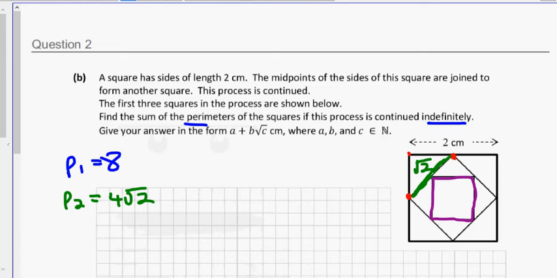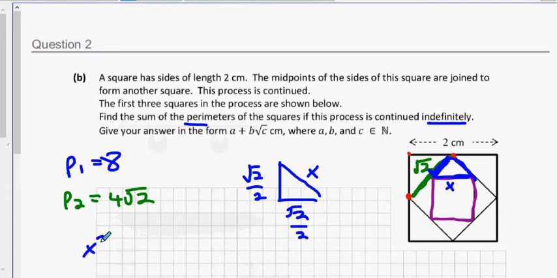So if we take this blue part here, this triangle here, we get root 2 over 2, root 2 over 2 equals x. Okay, so that'd be half of it. Okay, so we take here to here, it's root 2 over 2.